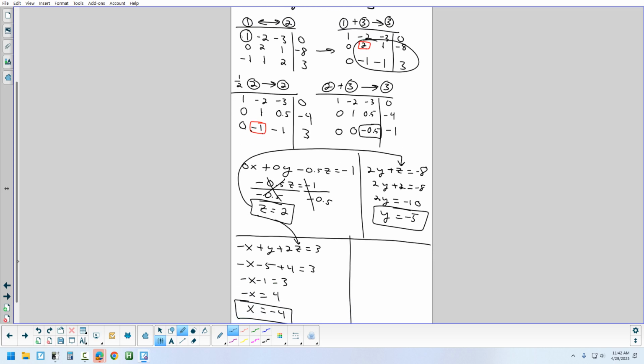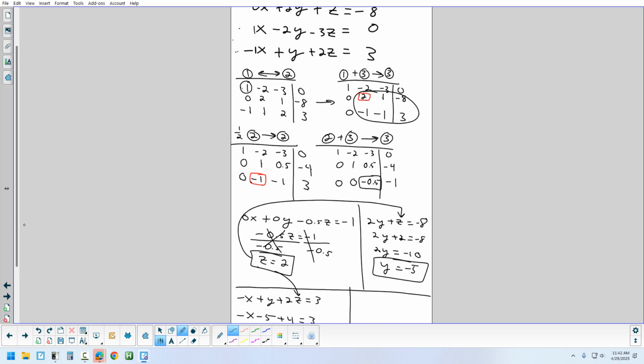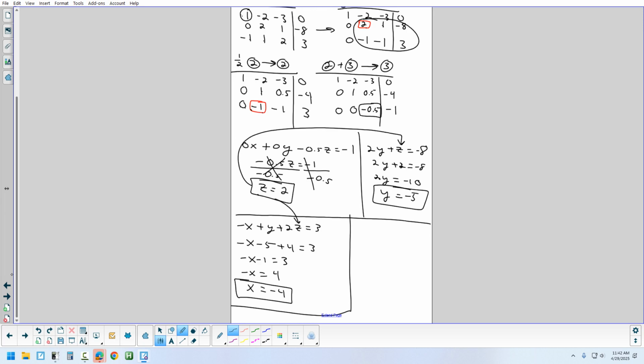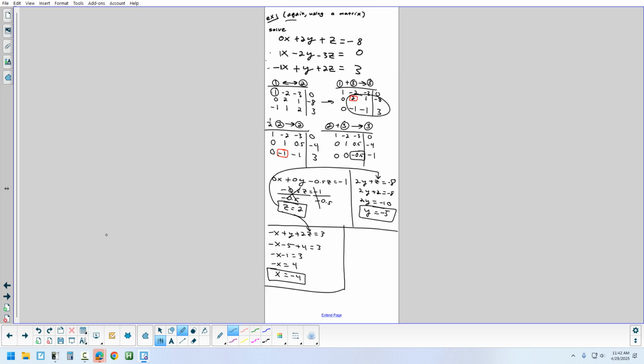When you substitute back in, you can pick different equations. As long as you get the same answers. That's pretty much all your work to solve that problem.